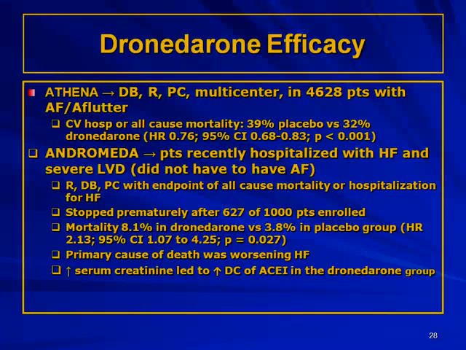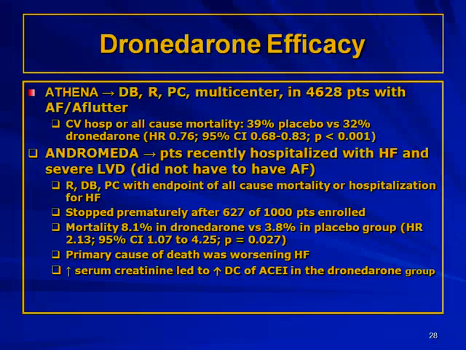So they randomized patients to placebo or dronedarone, double-blind, and the endpoint was all-cause mortality or hospitalization for heart failure. I'm not certain why, but the manufacturer thought, we'll get a heart failure indication for this drug when it's an antiarrhythmic agent. Well, they stopped the study prematurely after 627 patients had been enrolled out of the 1,000 that were supposed to have been enrolled.